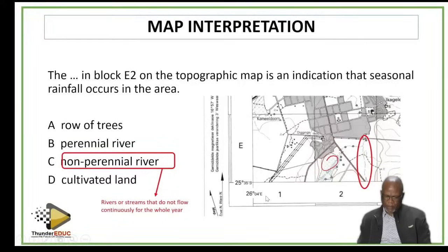And then how is the non-perennial river represented? The non-perennial river is represented through the dots. It's represented through the river that is not flowing throughout. The river line is broken. But for the perennial river, the line is solid.